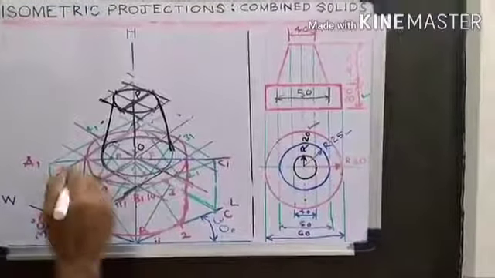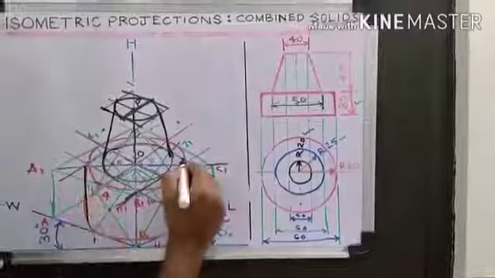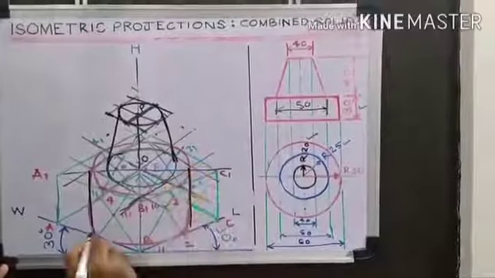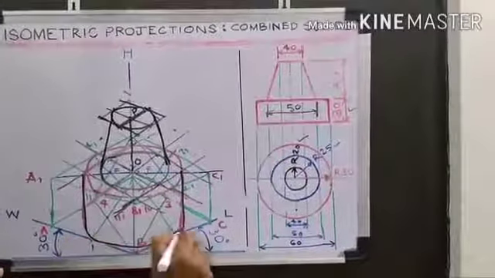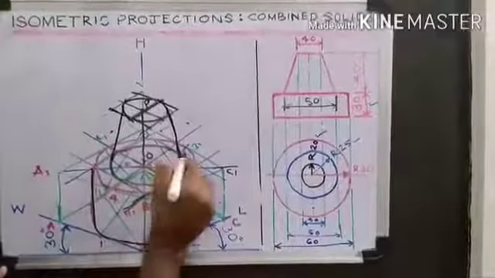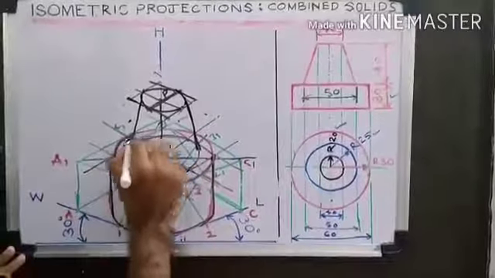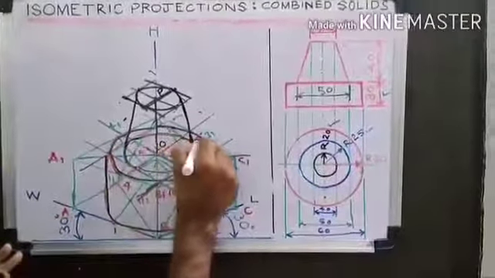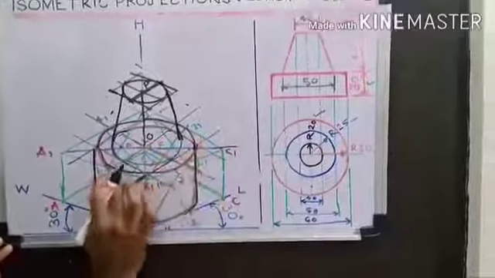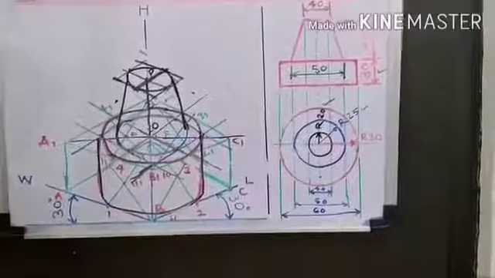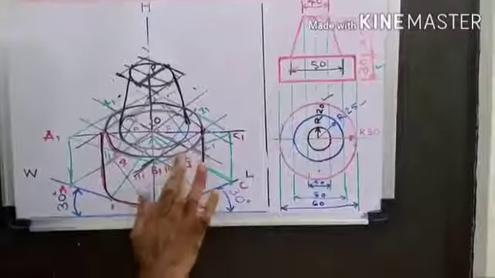Now I am sketching it again. Only black shade. I am making it dark with HB pencil. This is the portion which is going to be with us. Now you can see this sketch which is going to be visible.